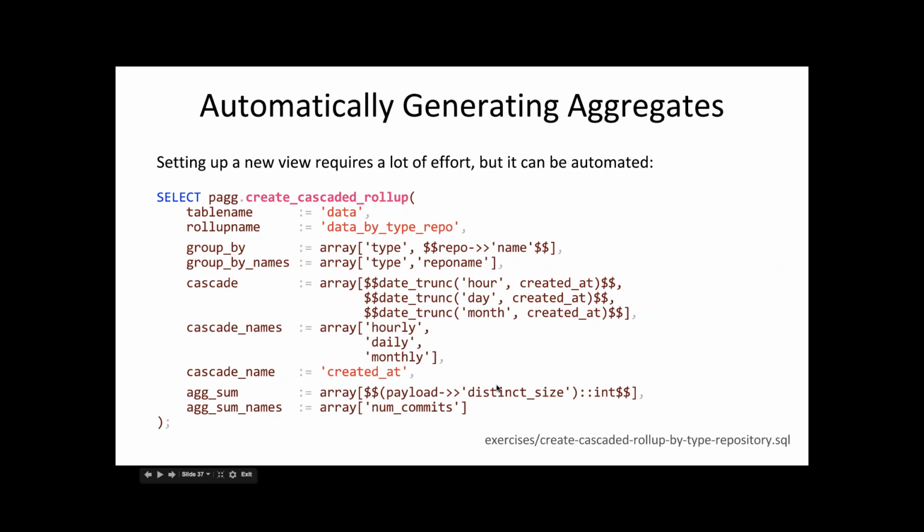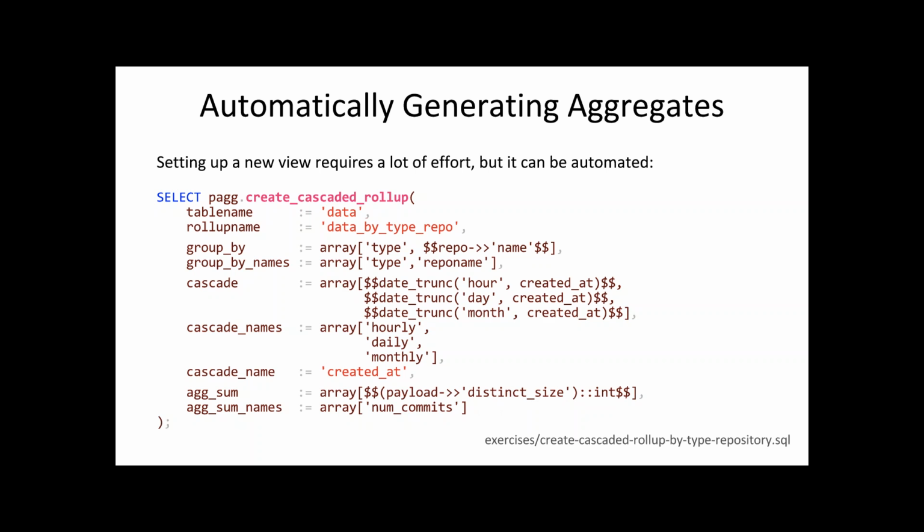In this case, we're going to look at the number of commits, and in the GitHub data format, the number of commits is given by distinct size in the payload field. And so this will create a roll-up or an aggregate that we can use for implementing the dashboard that we saw at the start, namely number of commits per day.